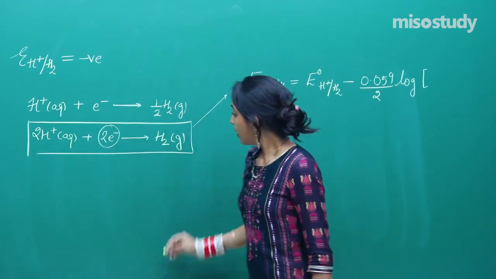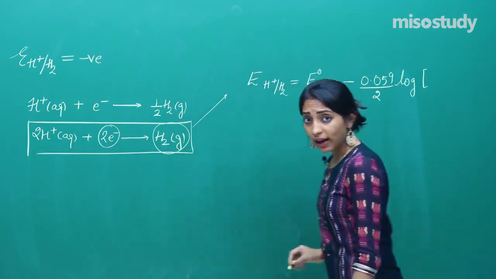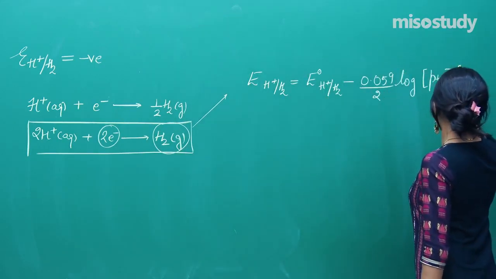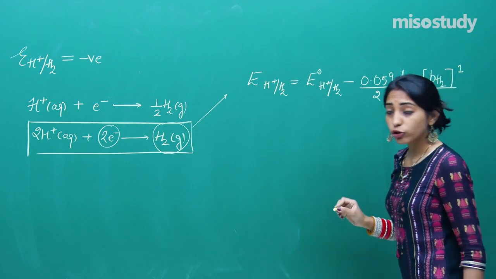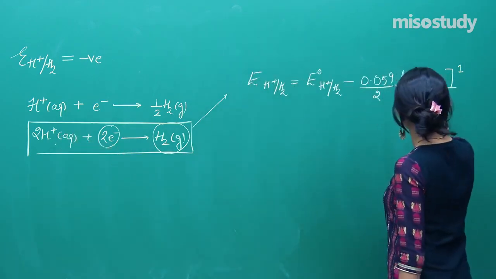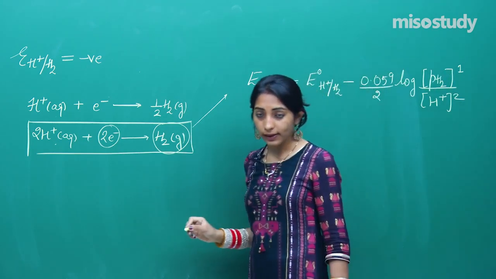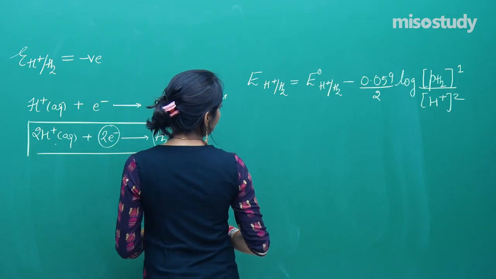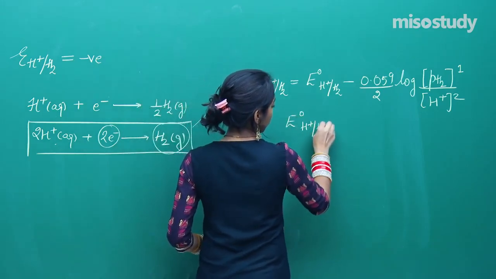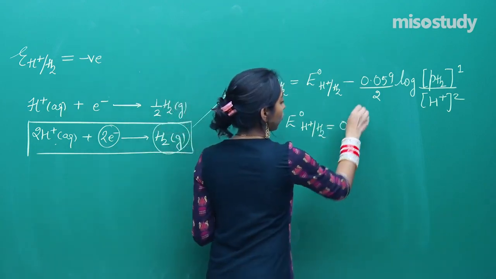So see, here we have hydrogen in the gaseous state. So I'll write log of pressure of hydrogen raised to the power 1 divided by concentration of H plus raised to the power 2, right? Now what do I not need? We already know that E naught of H plus to H2, the standard reduction potential of hydrogen half cell, is 0.